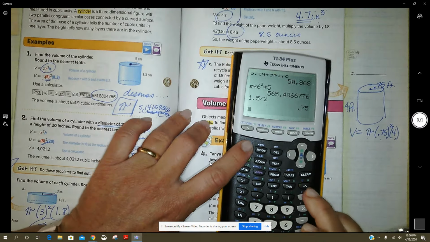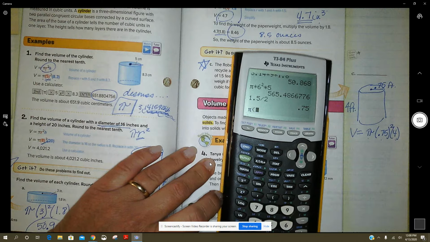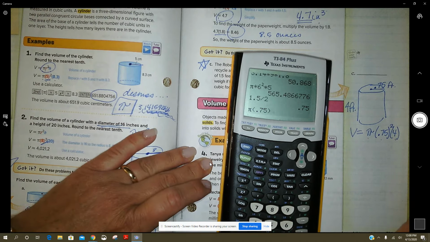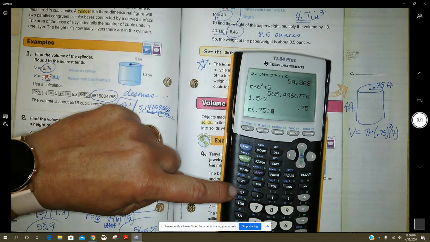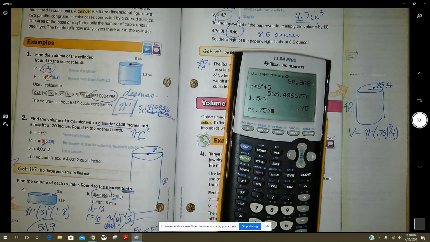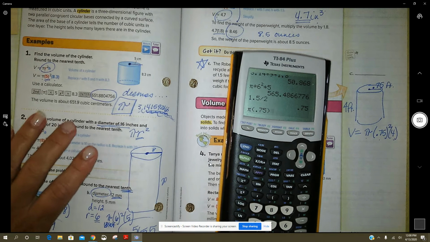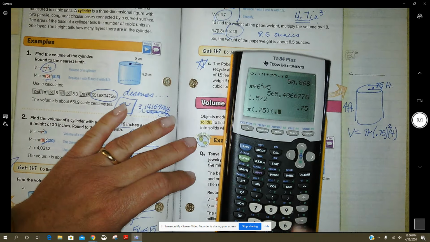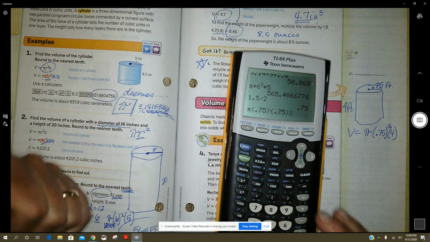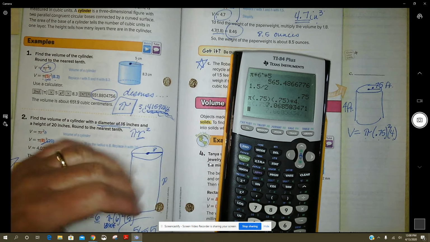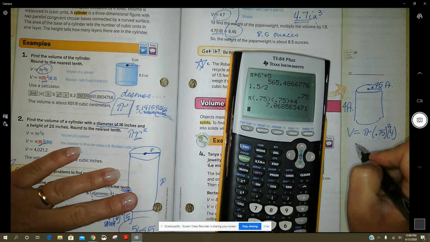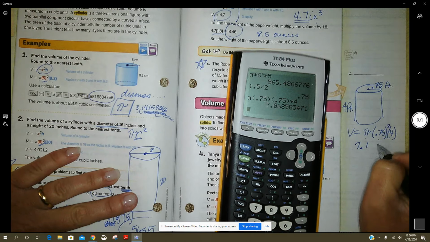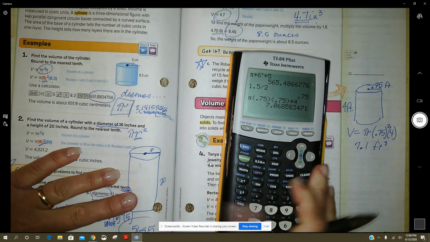So let's go type that in. Pi times 0.75. Now, you have some choices. If you don't have a squared button or you're using a calculator like on your phone and you don't have the scientific calculator or whatever, you can just type in 0.75 twice if you want. That's fine too, okay? Times 4, and so this is 7.1 cubic feet, okay?